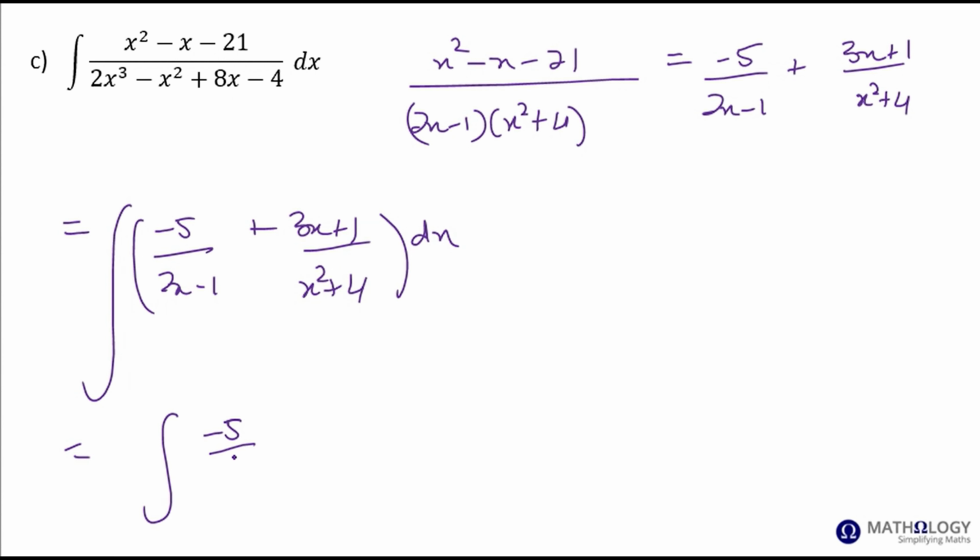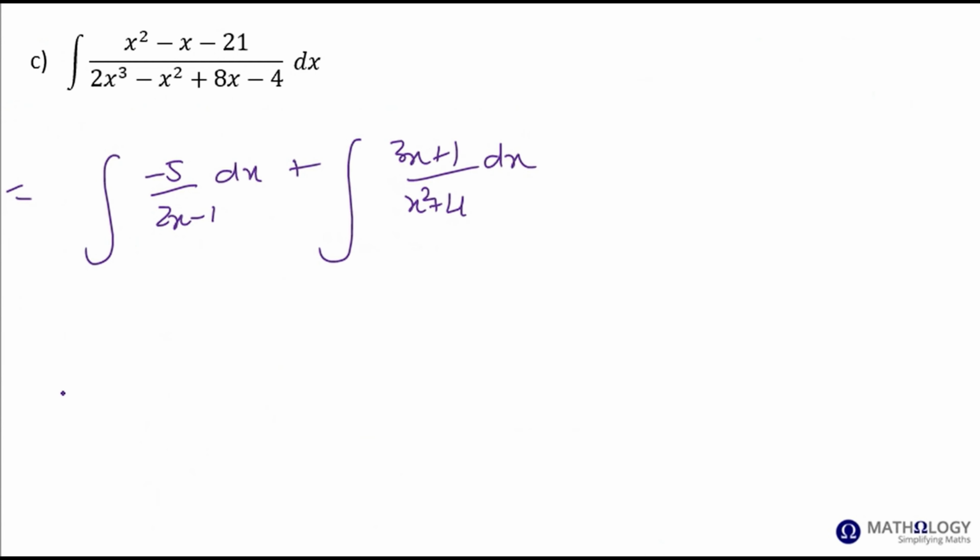So minus 5 over 2x minus 1 dx plus the integral of 3x plus 1 over x squared plus 4 dx. Okay, we can pull out the minus 5 from the first integral. What's left is the integral of 1 over 2x minus 1 dx. To integrate the second expression here, we're going to use a trigonometric substitution.